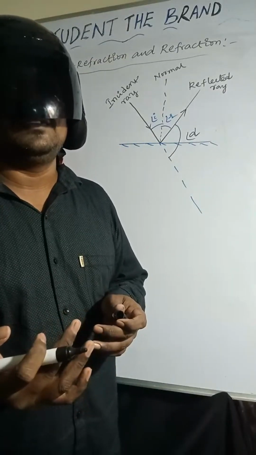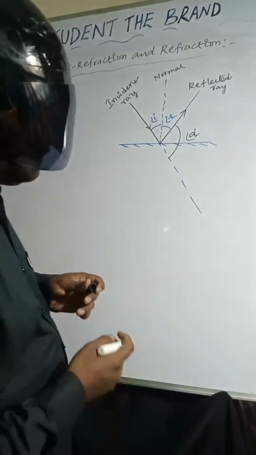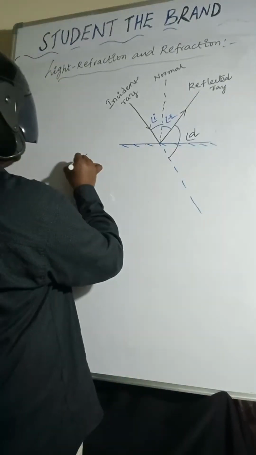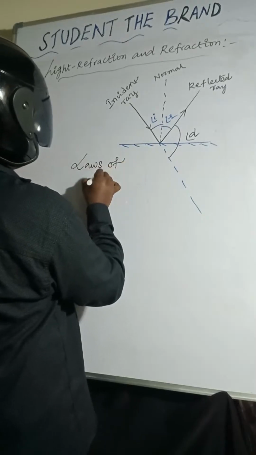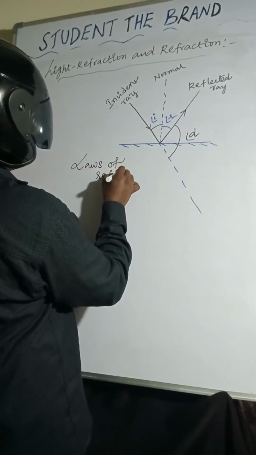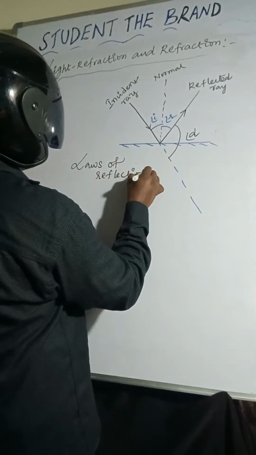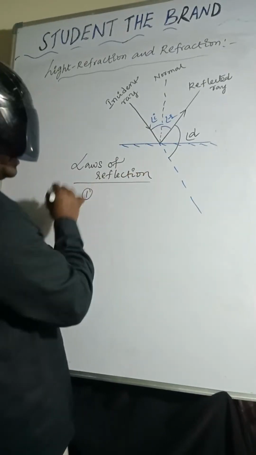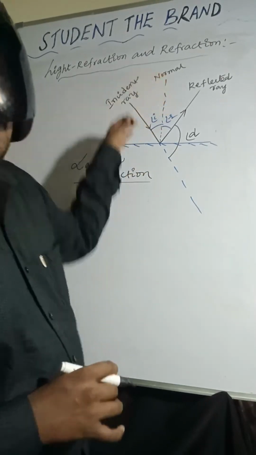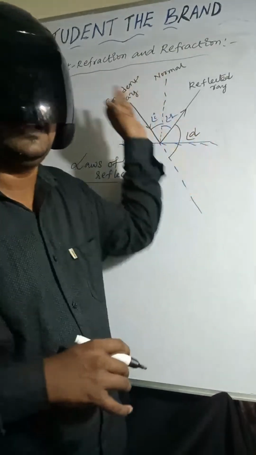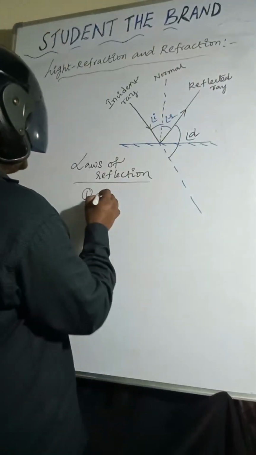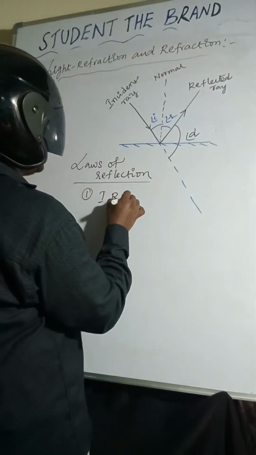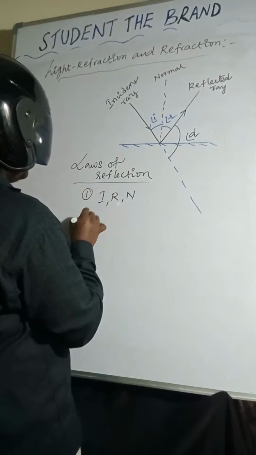Coming to the laws of reflection. First, the incident ray, the reflected ray and the normal line lie in the same plane.